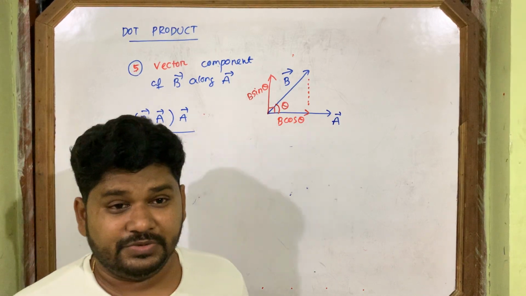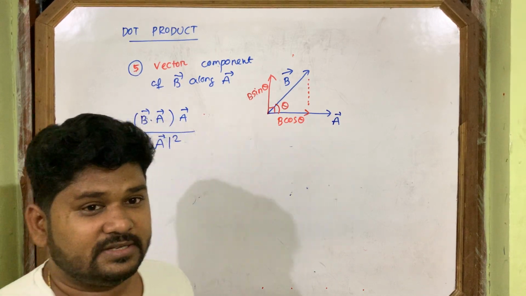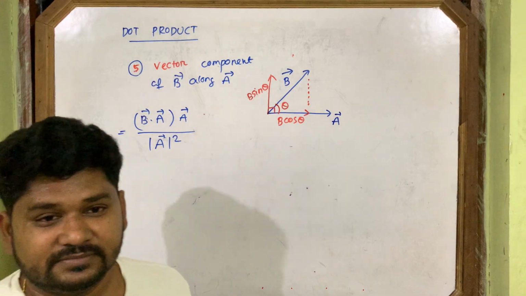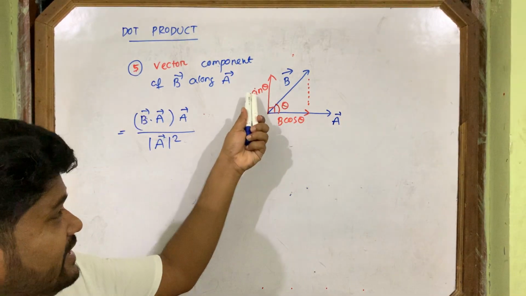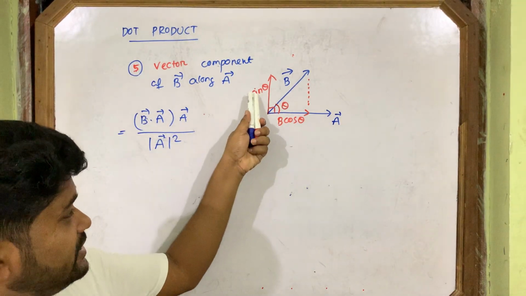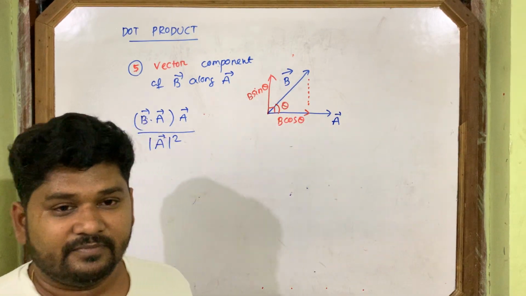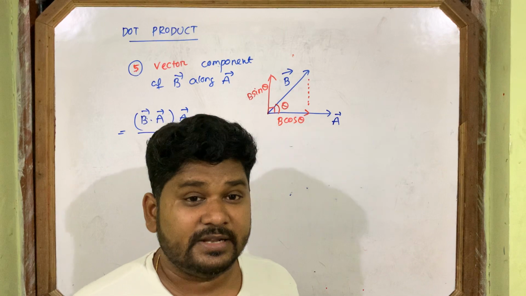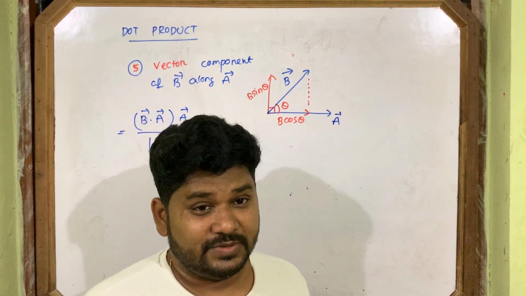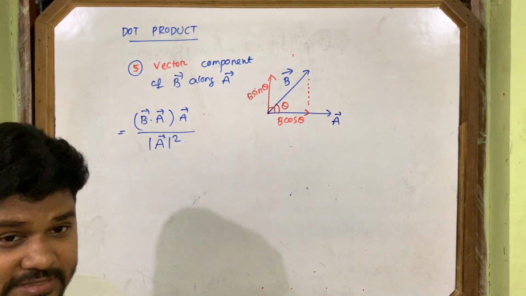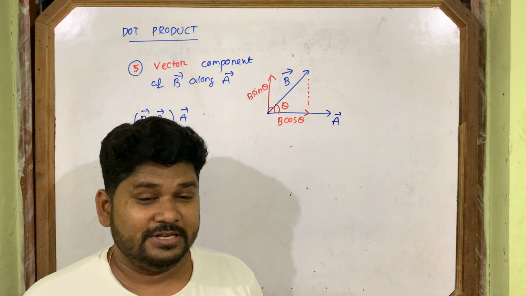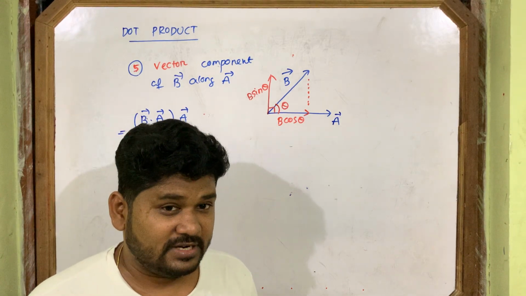Then how will you find this B sin theta? I need the vector component of B vector which is perpendicular to A vector. It's very easy, but you have to think about this. In which angle you are thinking, that is important.